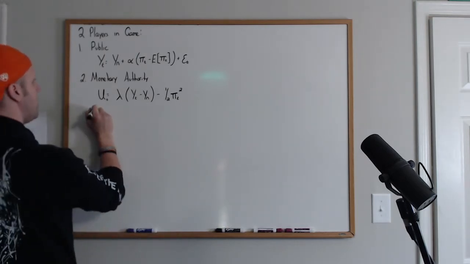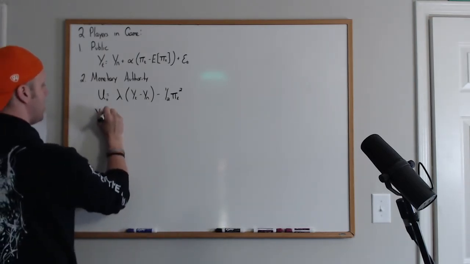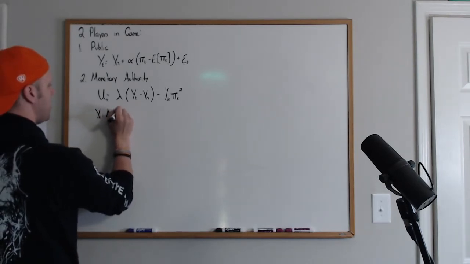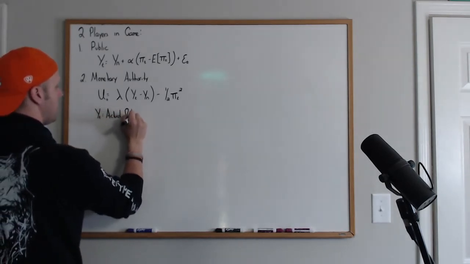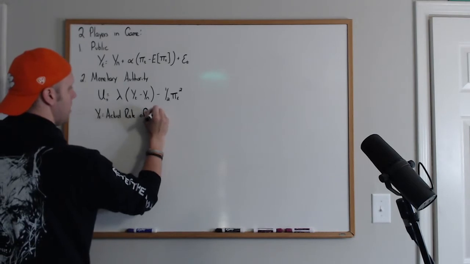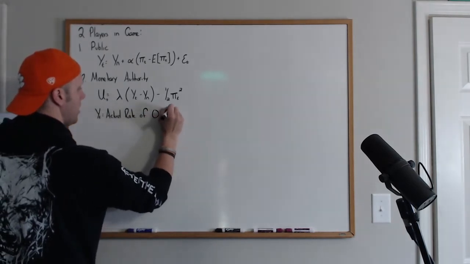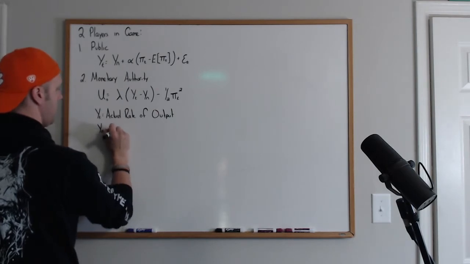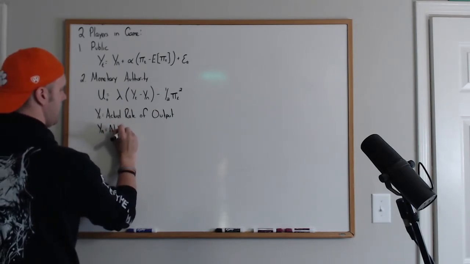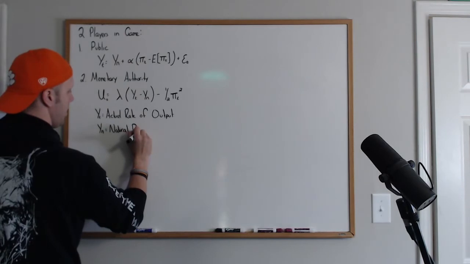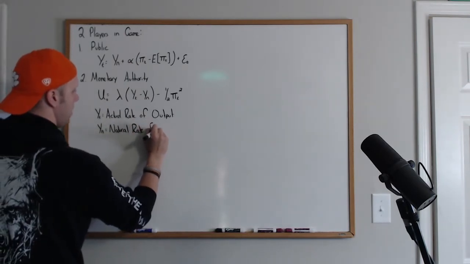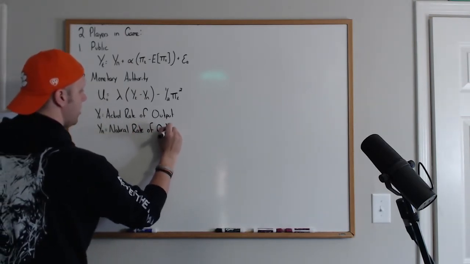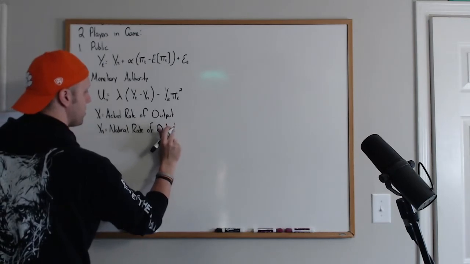Right, so we know y_t is the actual rate of output. Y_n is the natural rate of output, and it's what output would be if everything was just left alone.